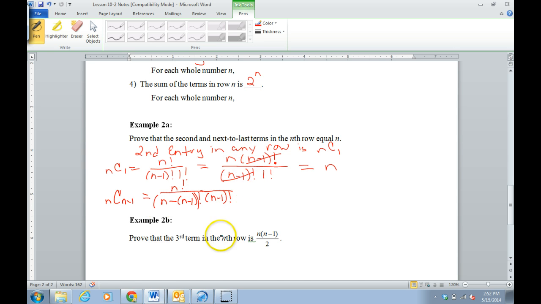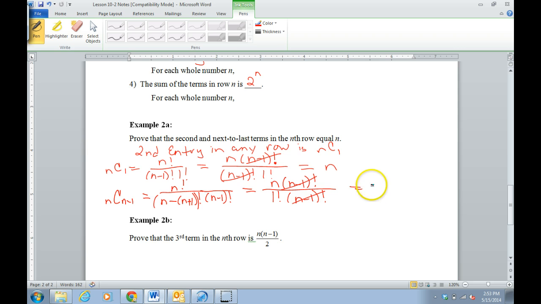I'm proving that the second to last one is also n. So look, I can do n times n minus 1. Now I have n minus n. What happens to those two n's? They cancel. This n becomes a positive, right? So I have 1 factorial and n minus 1 factorial. And what can I cancel out?